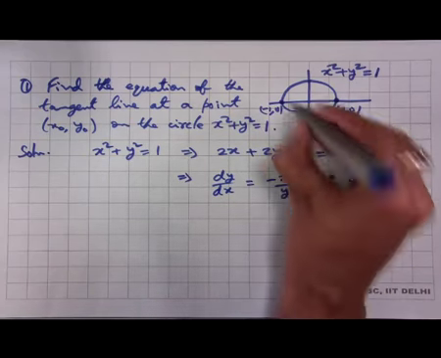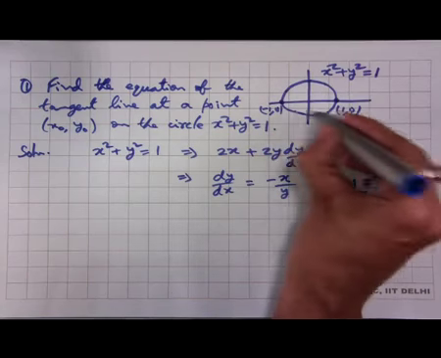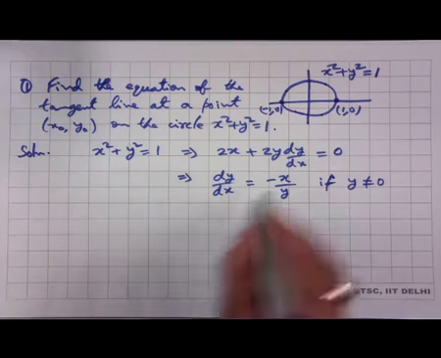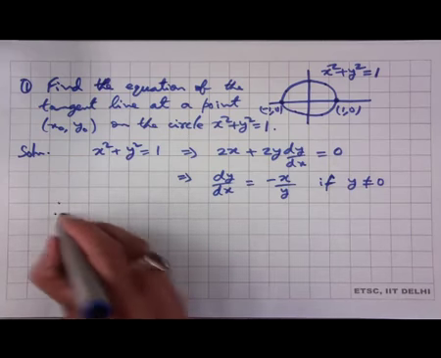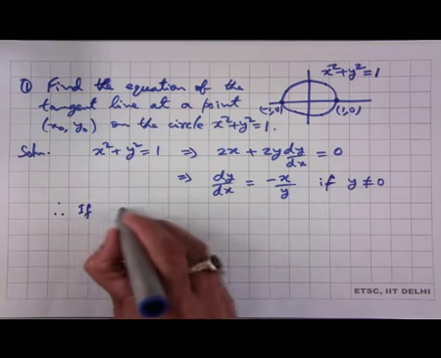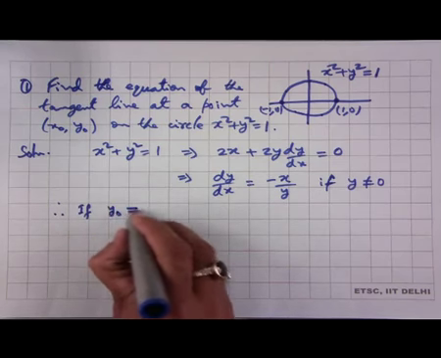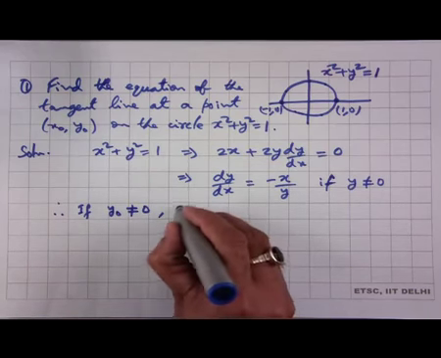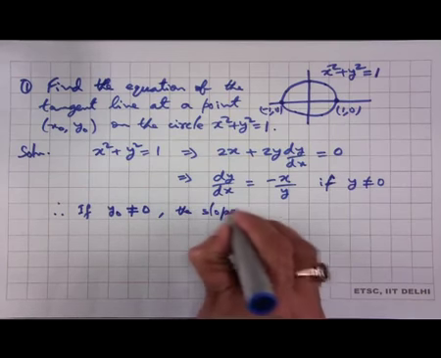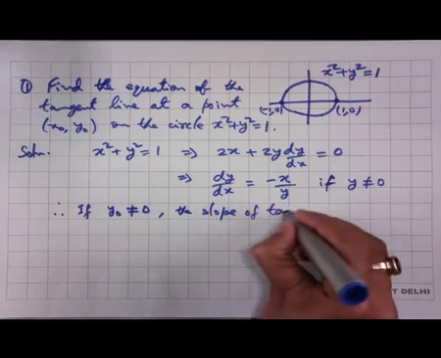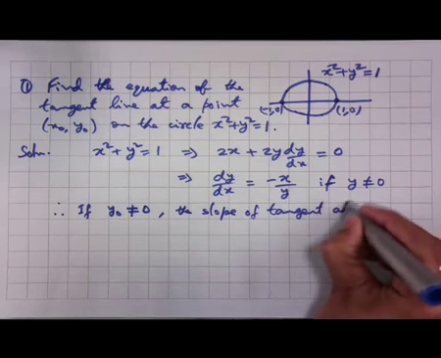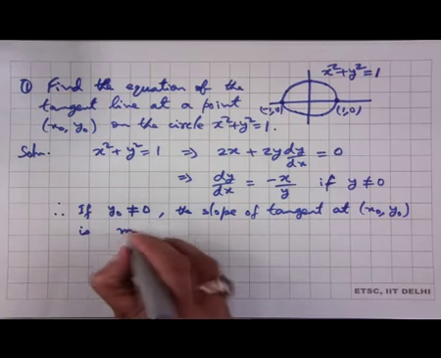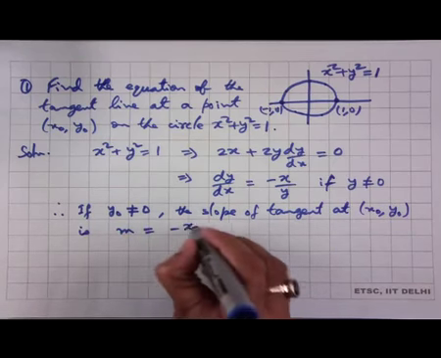Therefore, if y naught is not equal to 0, the slope of the tangent at x naught y naught is m equal to minus x naught by y naught.